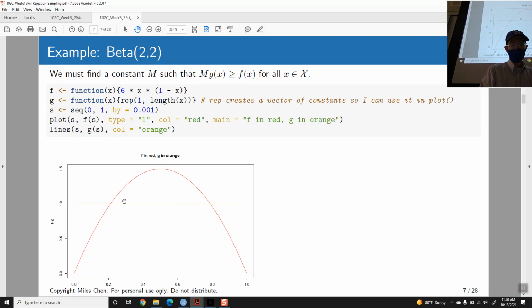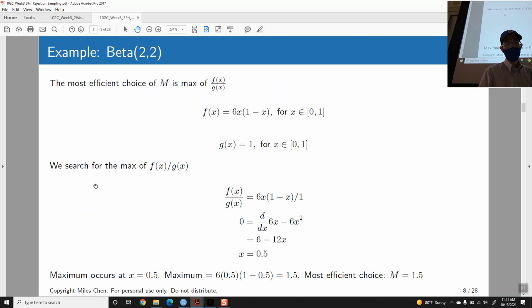What we're going to do is multiply G, the uniform, which is 1, by some constant so that G times the constant is always greater than or equal to the red line. We basically find the max. I think this is 1.5, so we multiply G times 1.5.